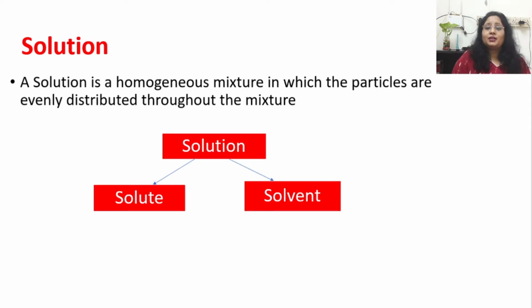Next, a solution is made up of two parts, or in other words a solution has two components. One is solute, the other is solvent. Now what is solute? Solute is the portion which is to be dissolved, which is to be mixed.